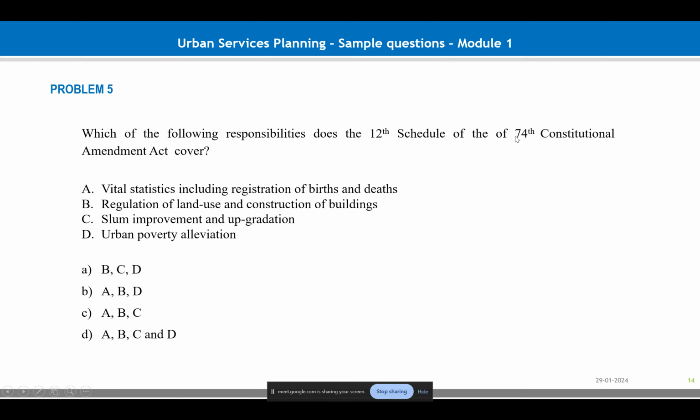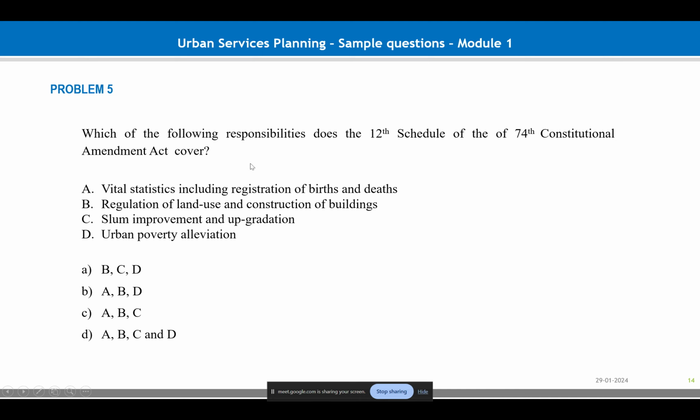So, what is the 74th Amendment? What did that mainly do? Municipalities were added. Very good, yes. There was a decentralization, and the decision to delegate certain powers to municipalities was taken in the 74th Constitutional Amendment. And what does the 12th Schedule do?